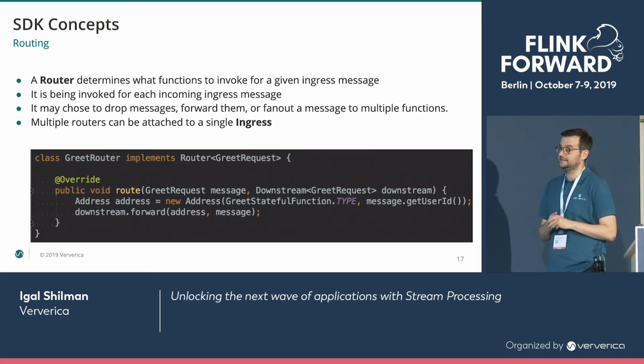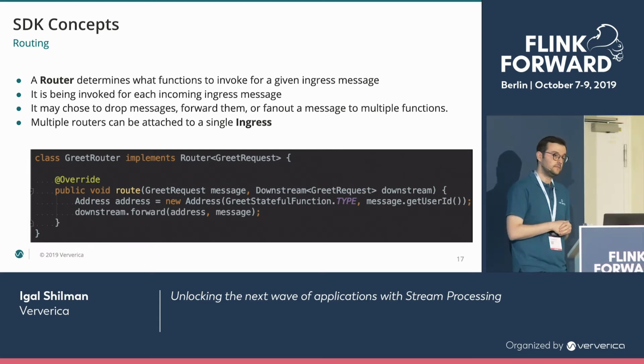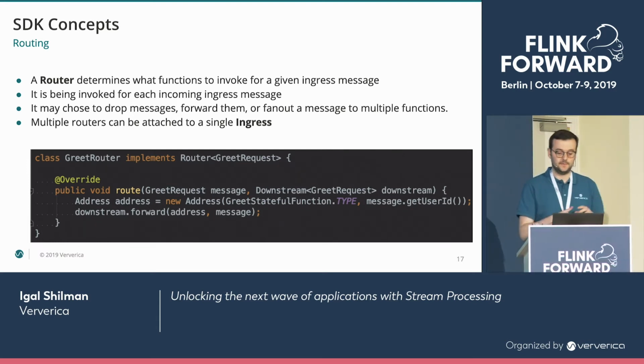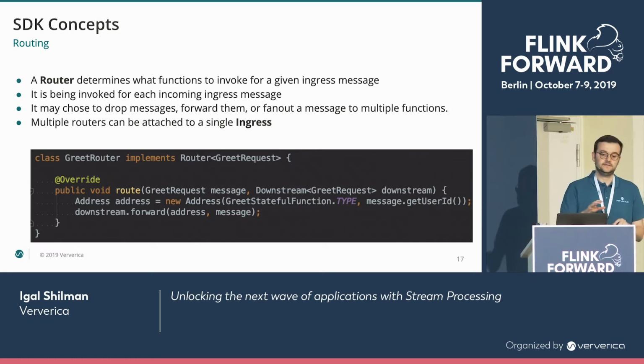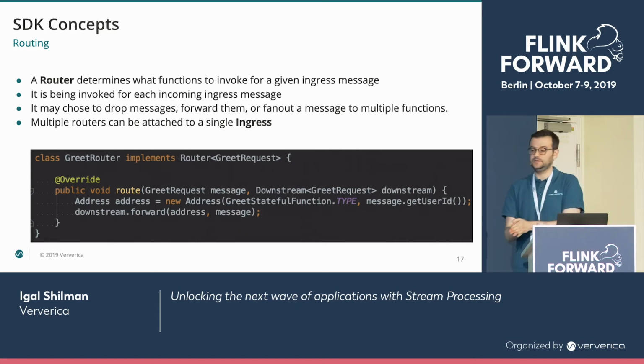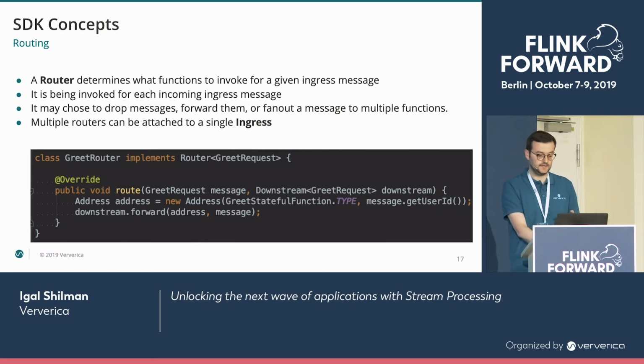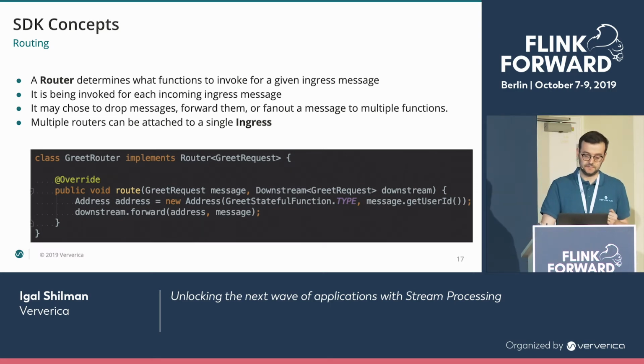You can send a single message to invoke multiple functions, creating sort of a pub sub kind of thing. And this is only required for moving the data from the ingress to the stateful functions, and then they can already start communicating by addressing each other directly without any routing.